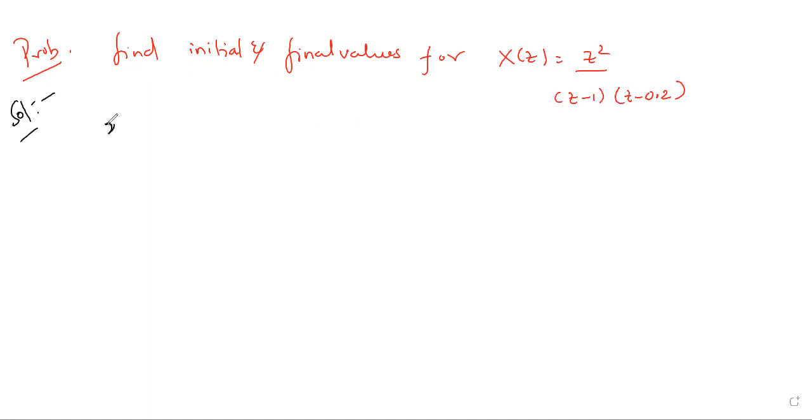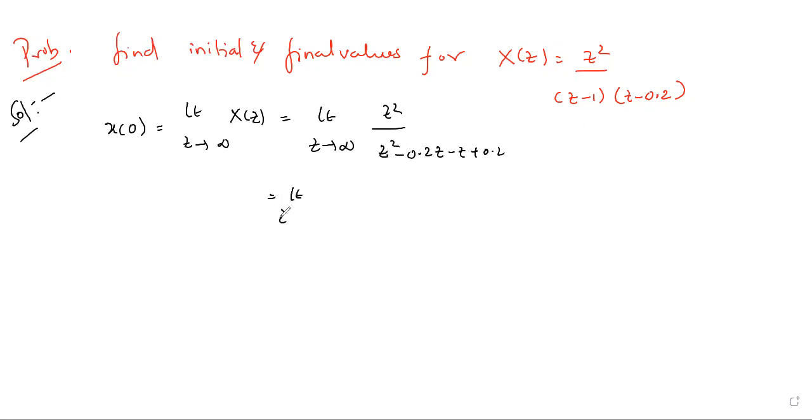X of 0 is limit z tends to infinity of x of z. So limit z tends to infinity of z square by, whenever factors are there, try to multiply them. If you multiply it out, directly I have written the multiplied expression: z square by z square minus 1.2 z plus 0.2.